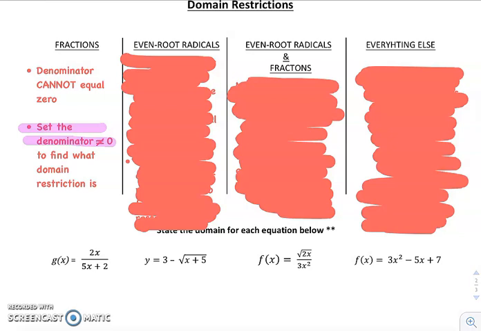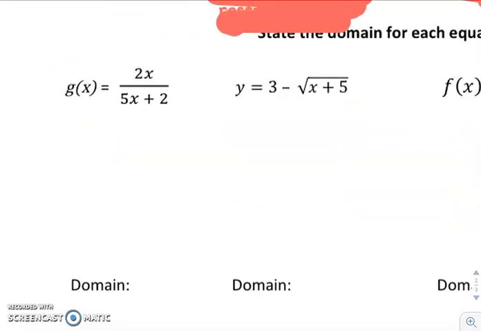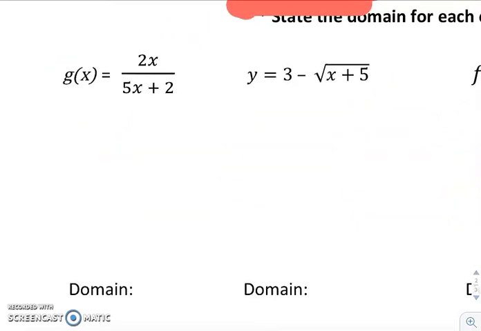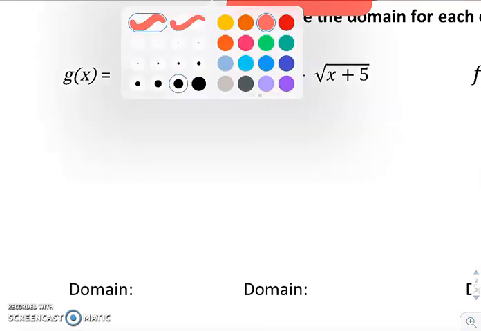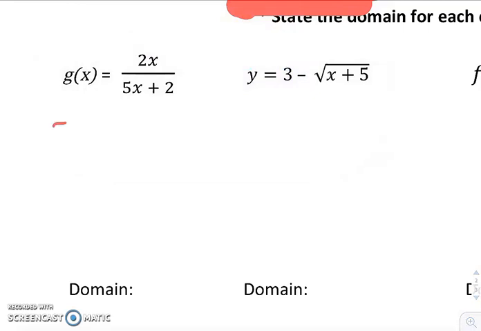So if we look at this first example here, g of x equals 2x over 5x plus 2. The denominator is 5x plus 2. So that is what we don't want to be 0. So you just solve for this.